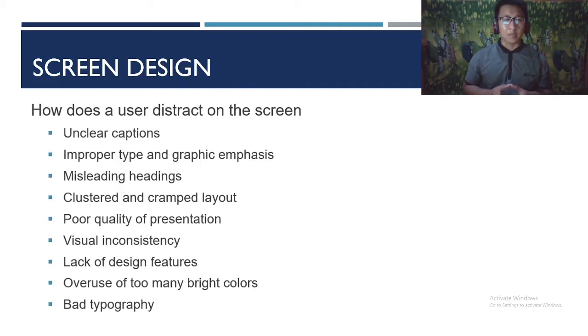Second, improper type and graphic emphasis. When the user looks at the screen and sees that your graphic emphasis is not properly designed, the user might think that this application is not properly developed, or that this screen or interface doesn't have a proper way of making a good screen design.